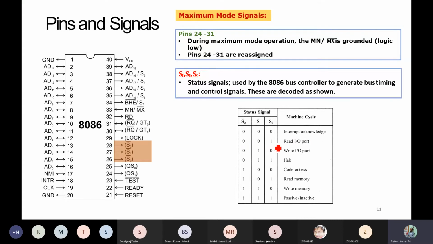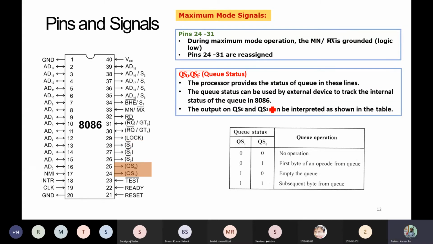If 001, it is reading data from an input port, similarly writing data to input/output ports. These are the different modes of status signals. Based on the S0, S1 and S2 bits, it is decided what type of operation is being performed by the microprocessor.